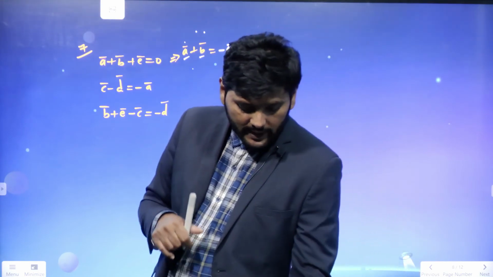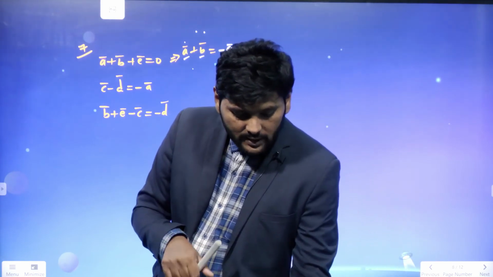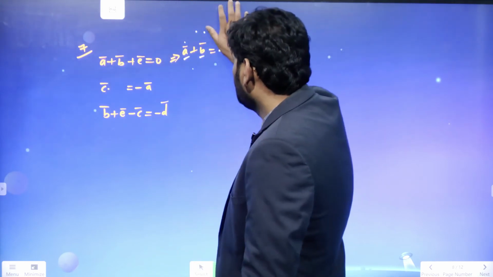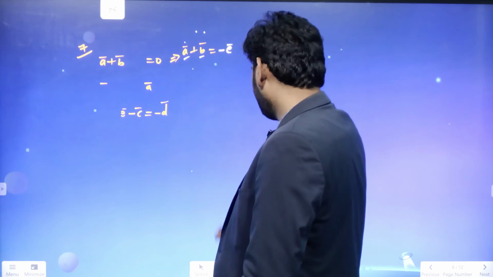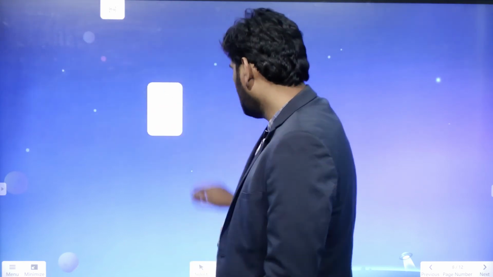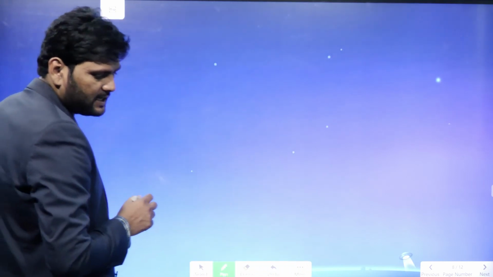So let us go for the 8th question. If you see the 8th question, here we have a diagram, and they are asking for the correct relation.